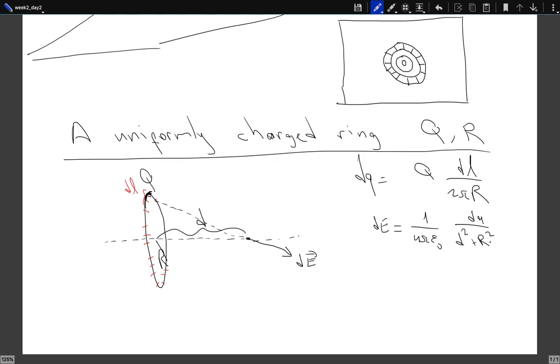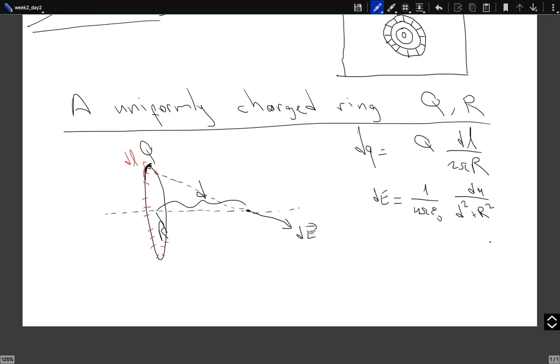So basically here I have a right triangle. One side has a length r, the radius of the ring. The other side has the length d. So the hypotenuse squared is just the sum of the squares. And the direction is given by that.